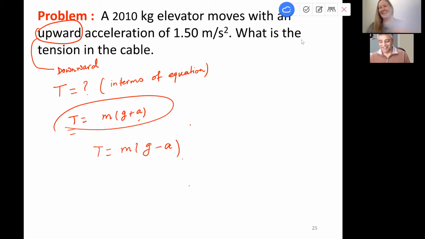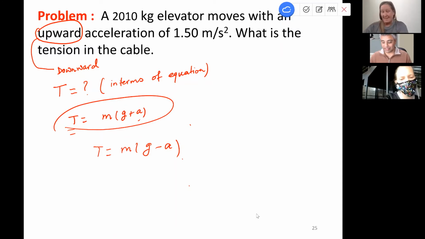Oh, so you wrote the equation, that's great. But did you also write how you found it? That's what I like to see, okay? The equation, free body diagram, has anybody done that? No. Nobody wrote the equation and got that answer?